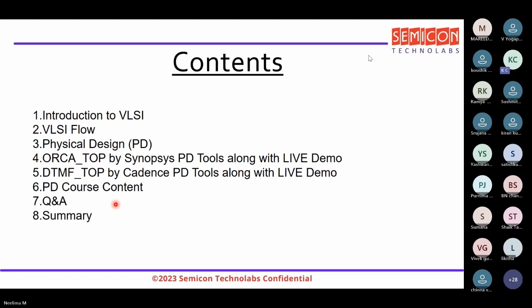And then we'll touch base on the PD course content, what all things we go through in detail in the technical part, and how it will equip you to have a 360 view of the physical design domain, and how at the end of the course you will be competent in applying to multiple jobs. What all things will equip you to enter the job market.